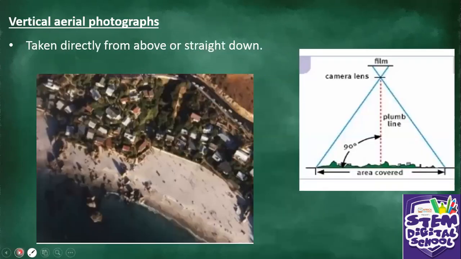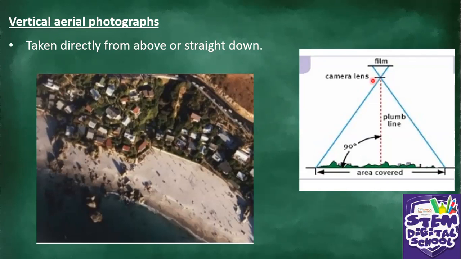And then vertical aerial photographs, these are taken directly from above or straight down, like in this picture. You can see the roofs of the houses directly. So they're taken at a 90-degree angle, as you can see on this diagram.